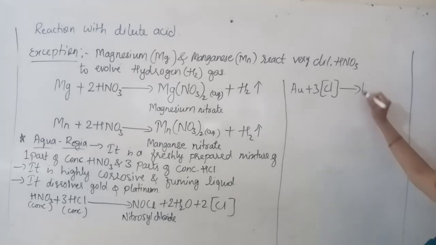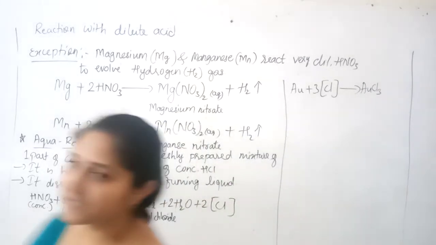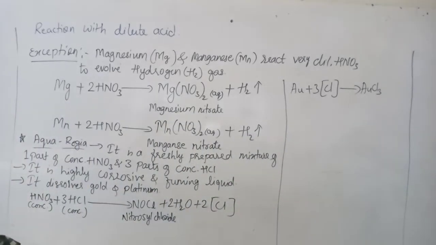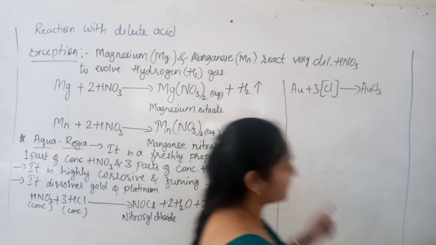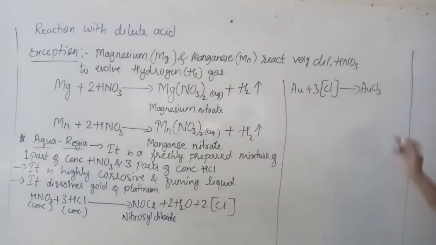AuCl3, that is what we call gold 3 chloride. Below that you can write gold 3 chloride, AuCl3.